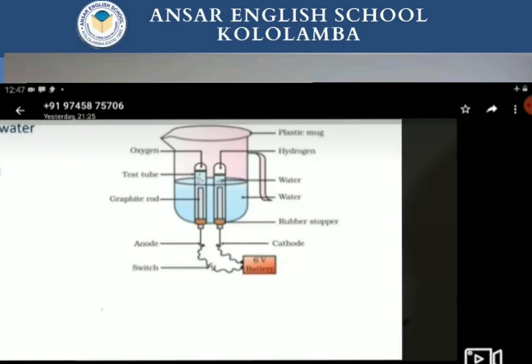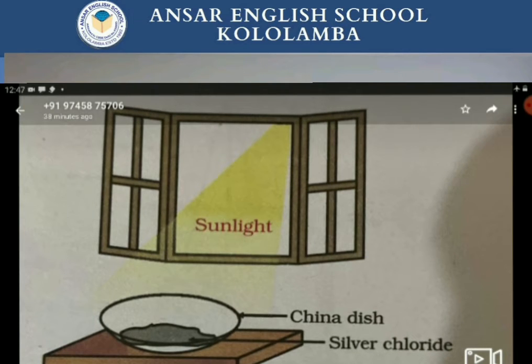Then also another example. In this example, we take some silver chloride in a china dish and place the china dish in sunlight. After some time, we can see the white silver chloride turn to gray color.